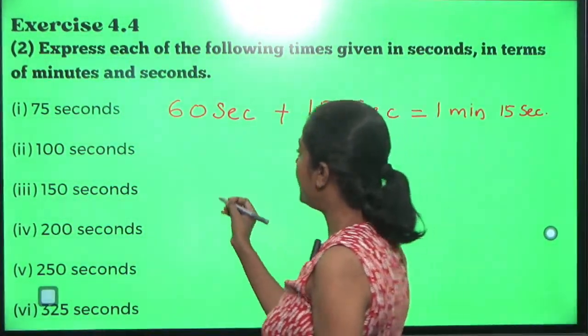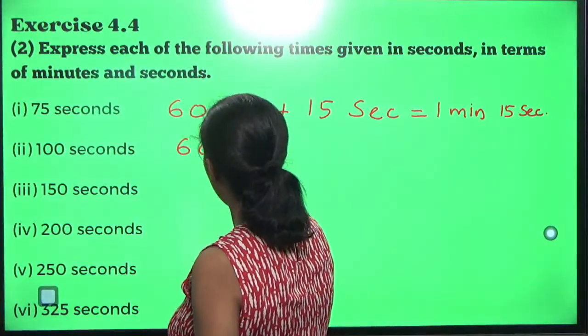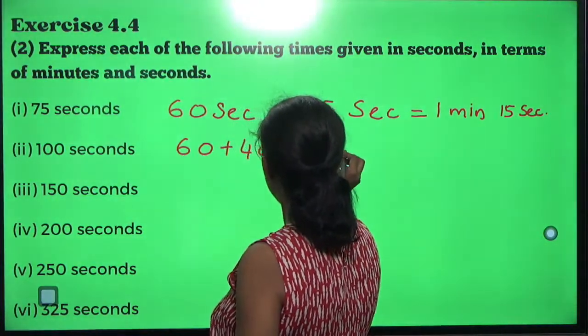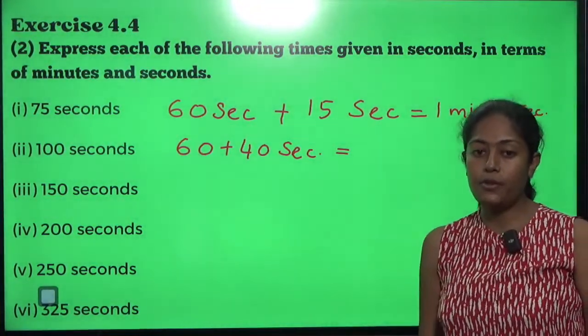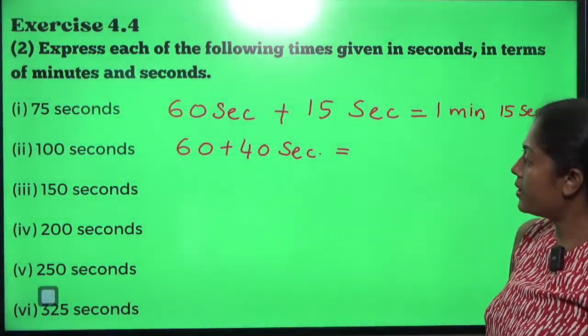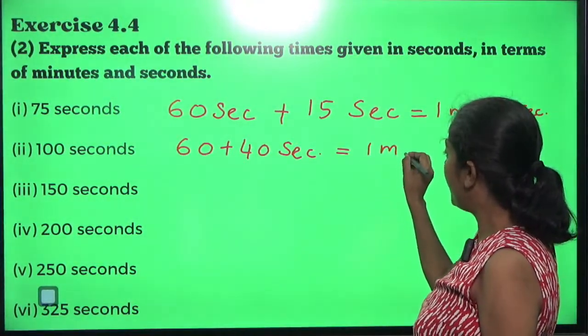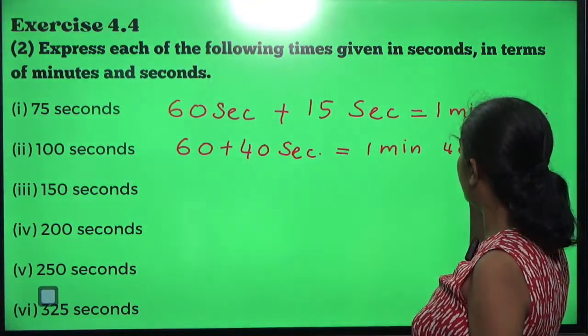So I can separate this one: 60 plus how much? 40 seconds. Is that okay? Because we want to write those in minutes, right? Then 60 seconds means 1 minute and you can write this one as 40 seconds.